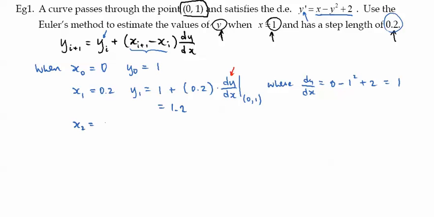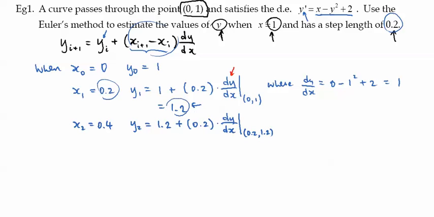Step 2. It happens when x equals 0.4. And now the y value at this moment will be based on what you had from the previous step, 1.2, plus the step length, once again 0.2, and you are now going to multiply 0.2 by the slope at its previous point, which means (0.2, 1.2).